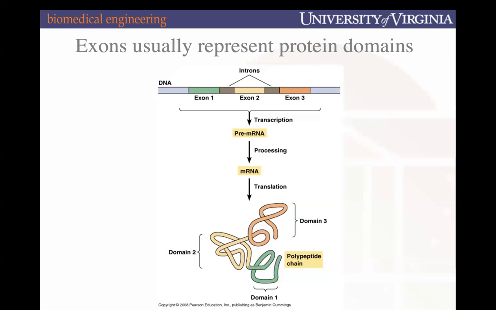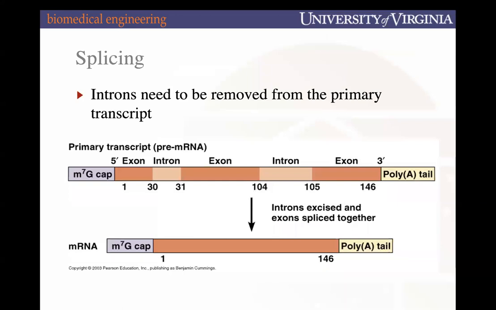The key thing to note is that the introns are removed during splicing so that we're left with only exons, which usually encode for these different domains, color coded here to match the exons. So when we have our primary transcript or pre-mRNA with introns, they are removed and excised so that the exons are brought together.